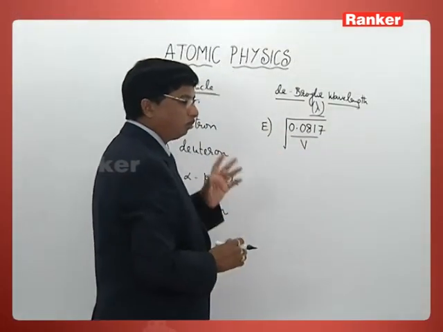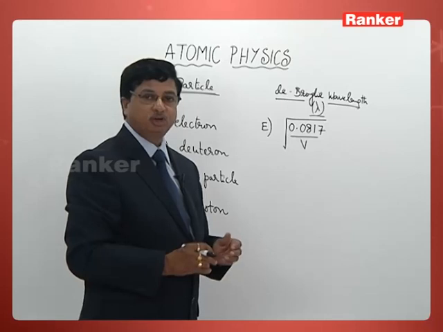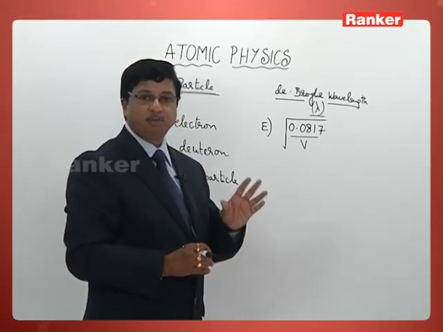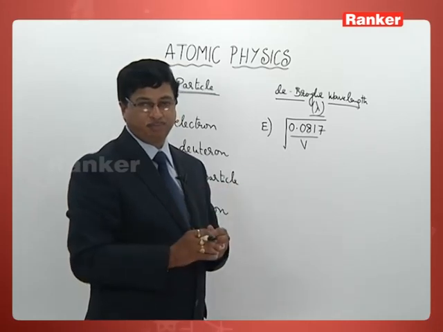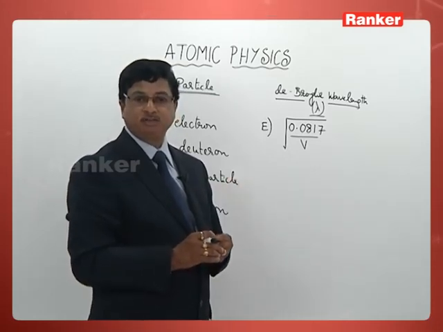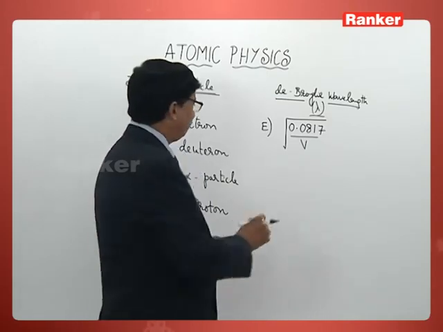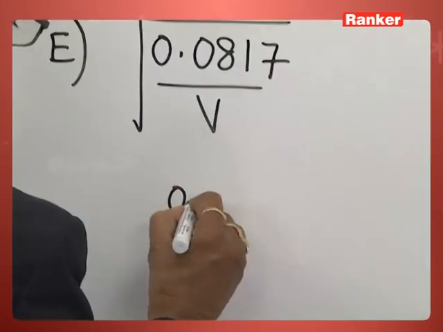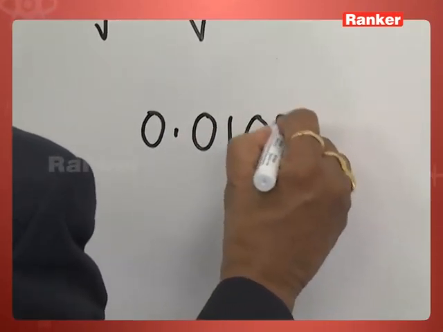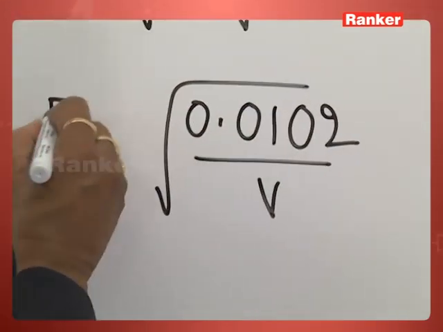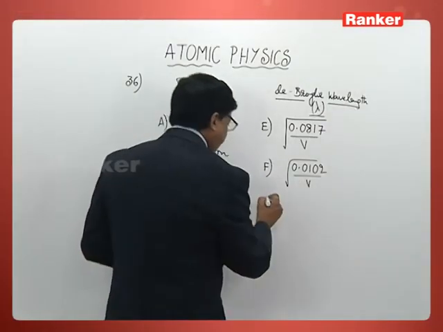The first value provided to us is 0.0817 divided by V, whole under root. The second value is 0.0102 divided by V, whole under root. He has given that as F.